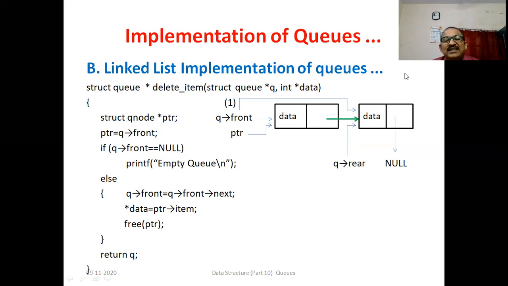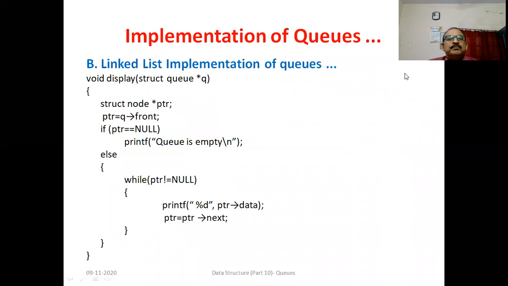Now data is equal to PTR item. Now we have done our purpose, so we free PTR. Next statement, return queue. So this way we can delete an item from the queue.